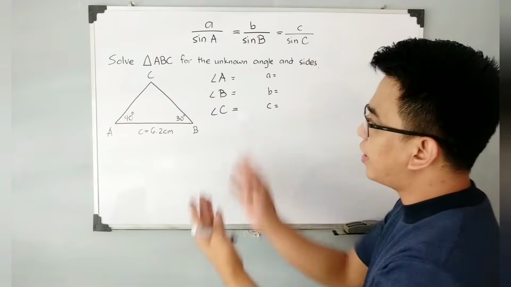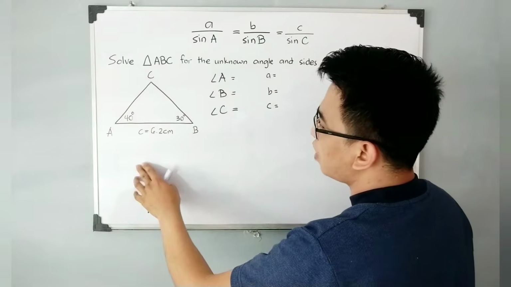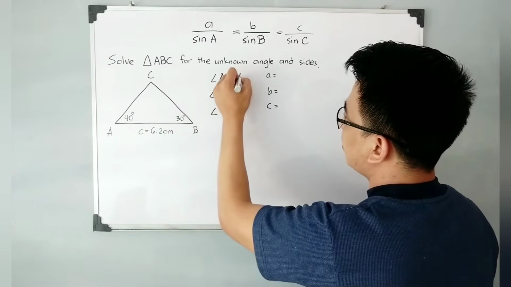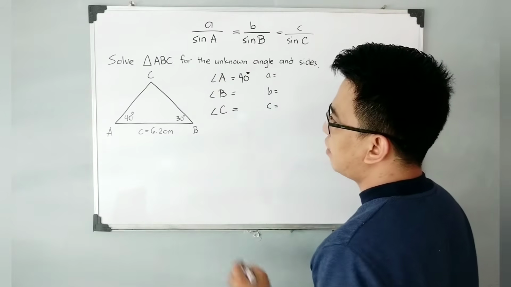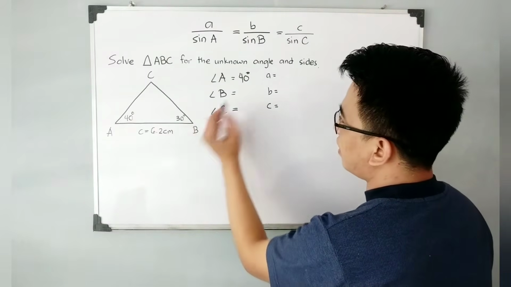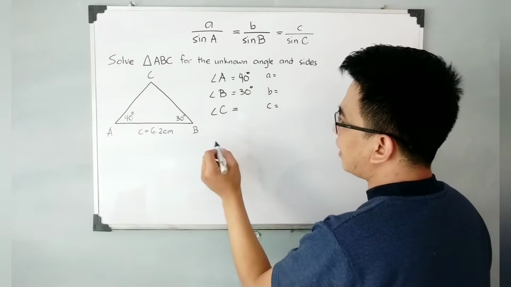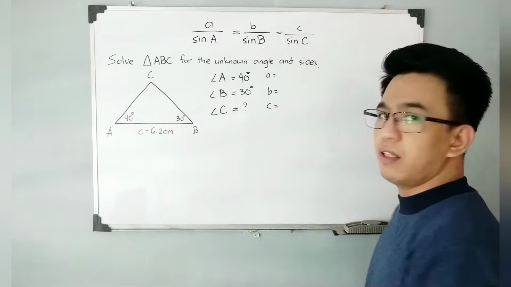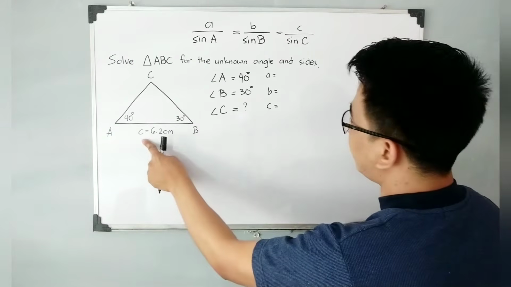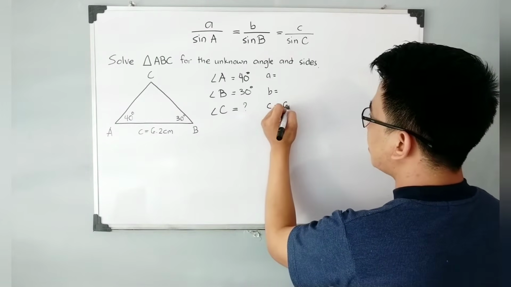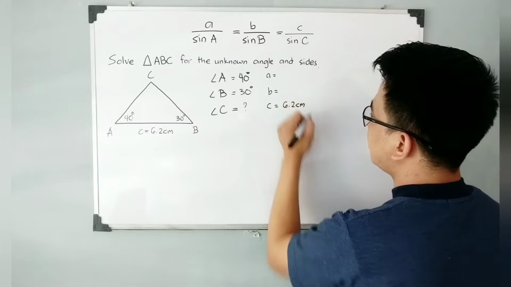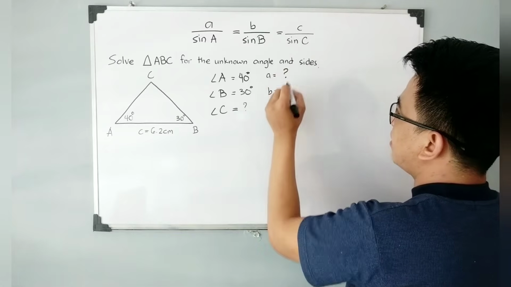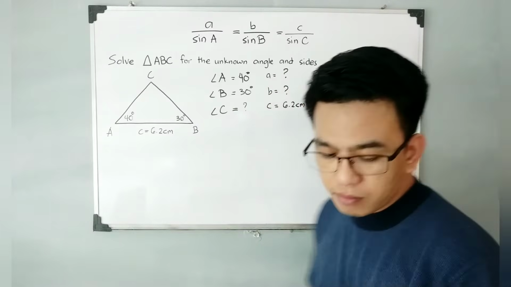So let's find out what is given here. In this figure, we already have the value of angle A, which is 40 degrees. For angle B, we also have 30 degrees. So our target now is to find the value of angle C. And for the sides, we only have side c, which is 6.2 centimeters. So we have one missing angle and two missing sides for our first example.